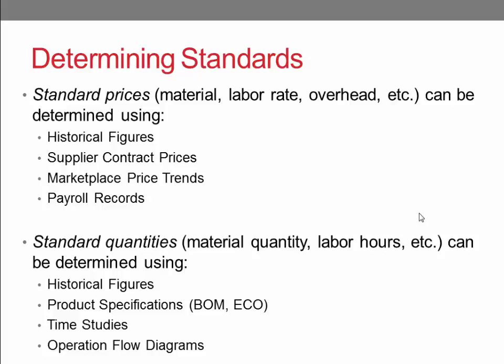Standard quantities can be determined using, again, historical figures, product specifications like a bill of materials from IME 223, and engineering change orders, which is a type of configuration management. Standard quantities can also be determined using time studies, also from IME 223, typically more for labor hours, and operations flow diagrams.